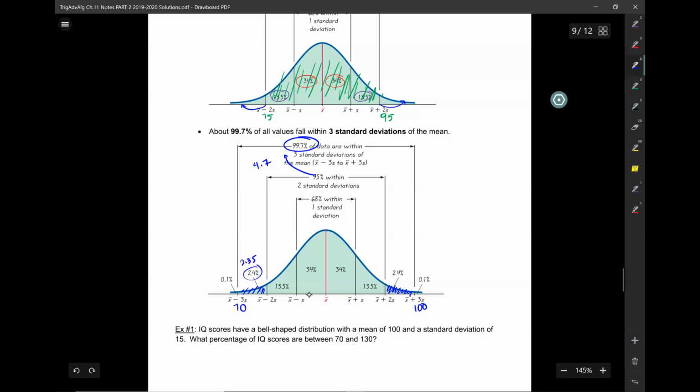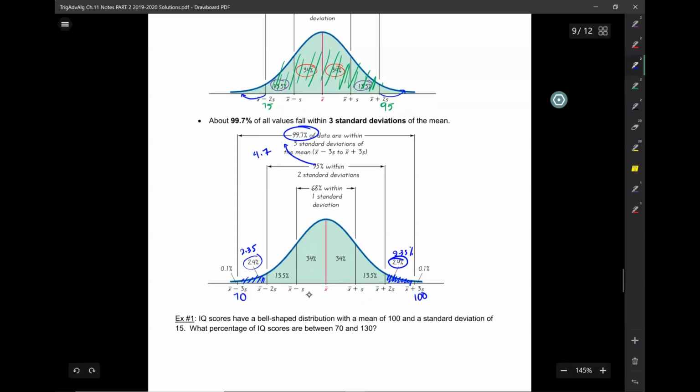Technically, it's 2.35, and then 2.35% here. We're going to go with the 2.4, we're just going to stick with 2 decimal places. And then past that, in the little regions here, you have 0.1% and 0.1%, and that's 100% finally of all the data.